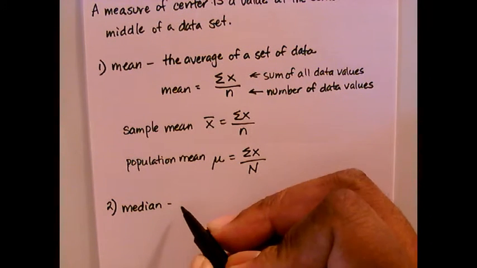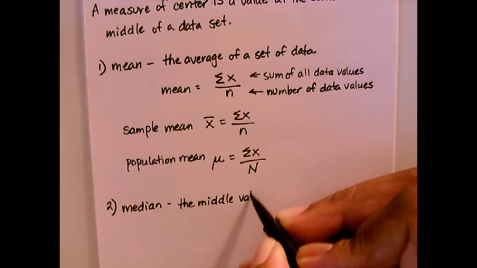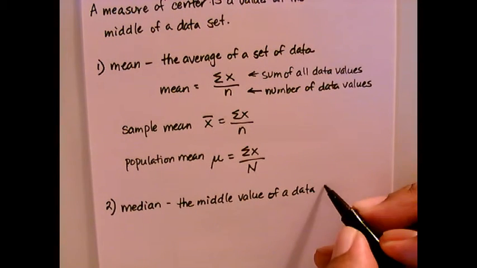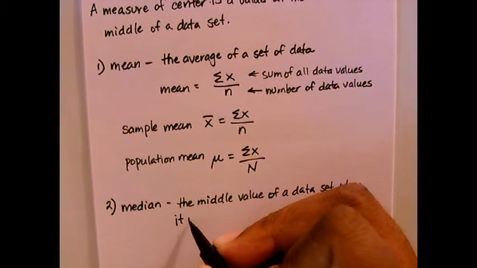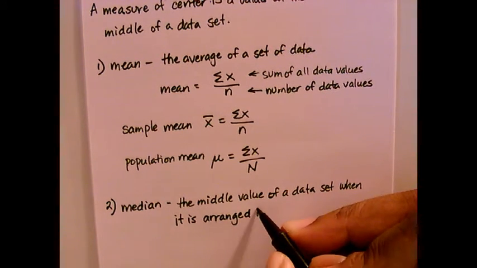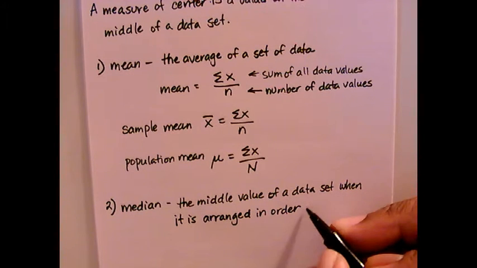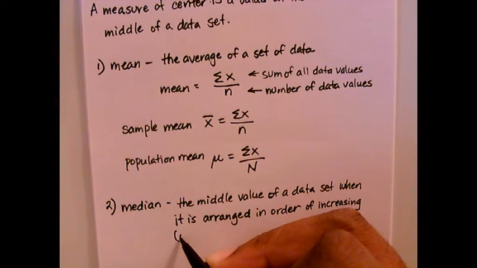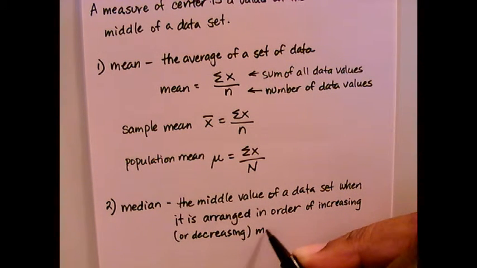The median, by definition, is the middle value of a data set when it is arranged in order of increasing, or it could be decreasing, magnitude.